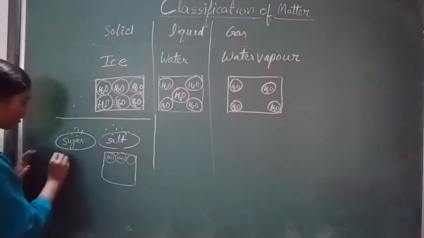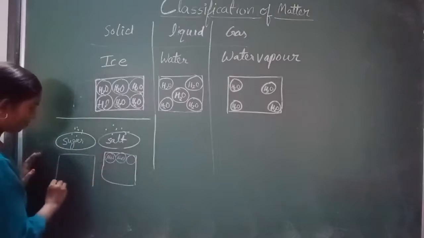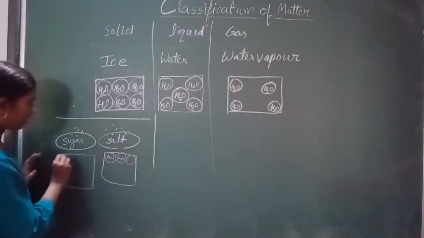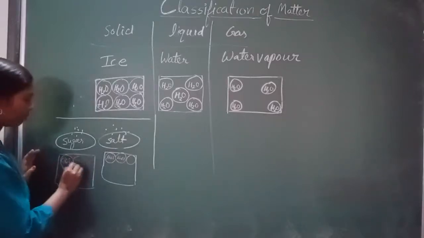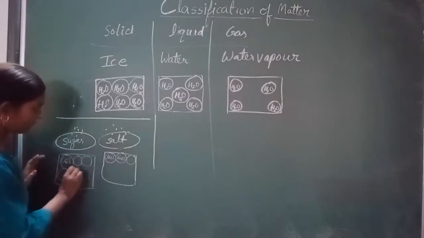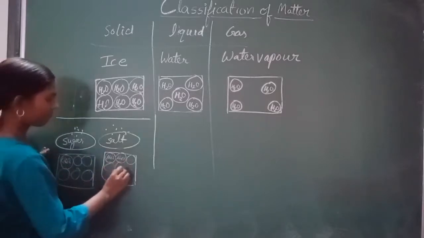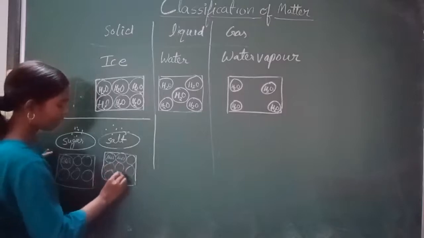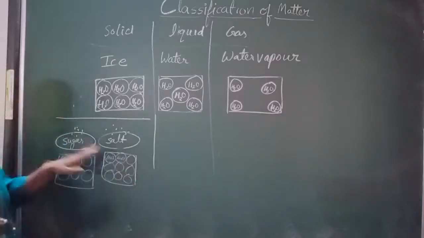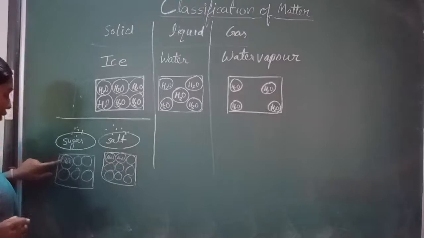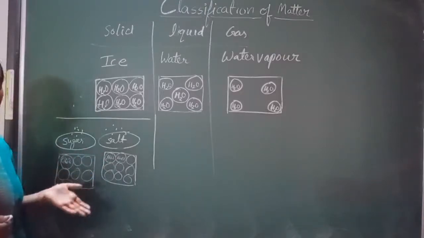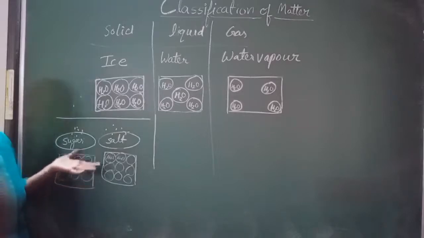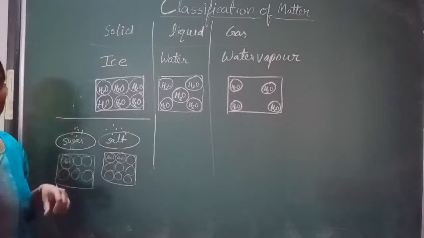But for sugar, in all of it is written C6H6O6, and it is tightly packed. Now you see, they both show the same color, but the molecules present in them are different. That means we cannot classify on the basis of their color or their solidness.